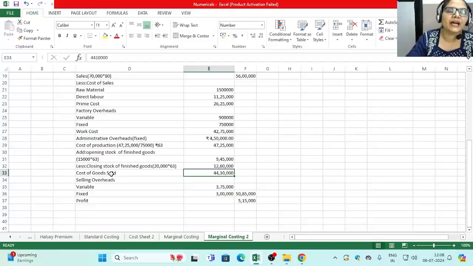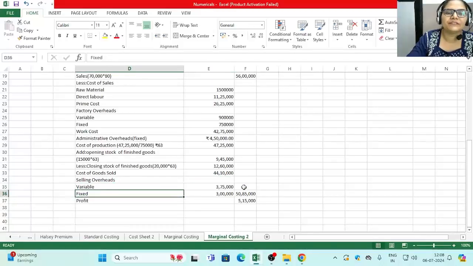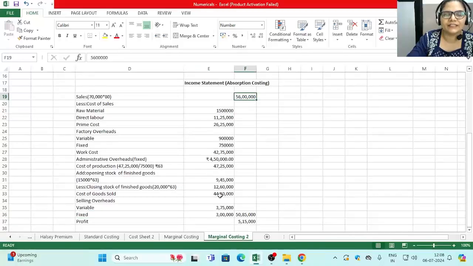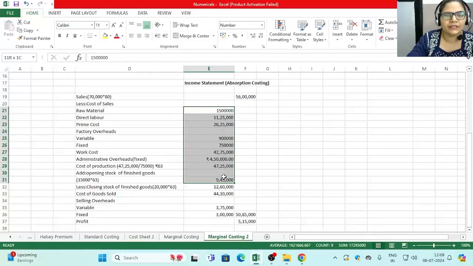And we usually add selling overheads and cost of goods sold, which are given as variable and fixed. We will add them, and finally we will get the profit figure. We will do all these adjustments. First, we will add all these figures, then we will deduct closing stock.